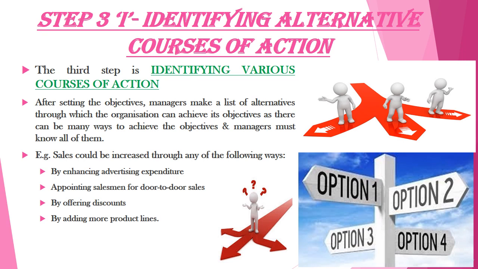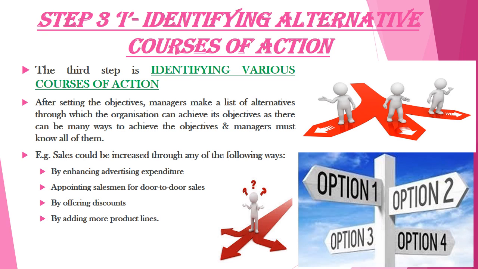For example, if we have to increase our sale by 20%, we have various options like enhancing advertising expenditure, appointing salesmen for door-to-door sales, offering discounts, or adding more product lines. If we want to increase our profit, we can go for purchasing new high-speed machines, increasing the selling price, or using waste material in manufacturing stuffed toys.